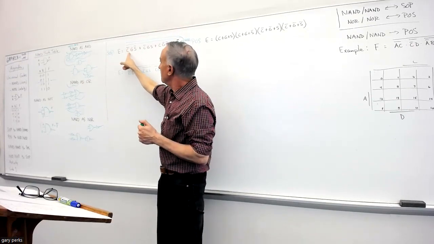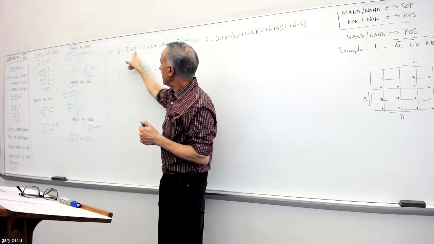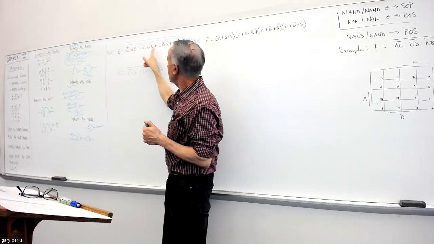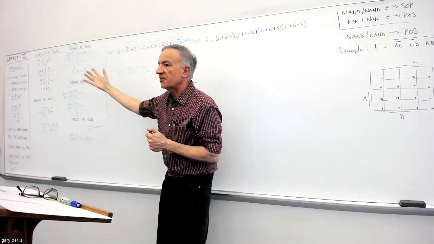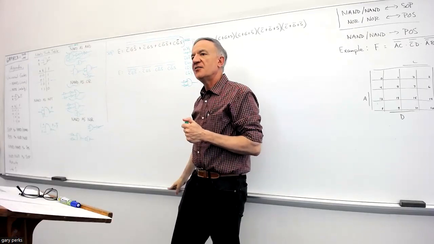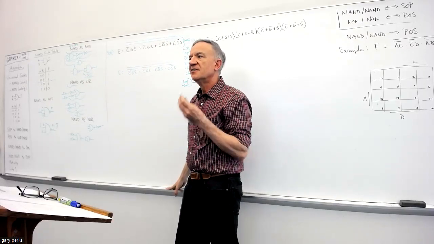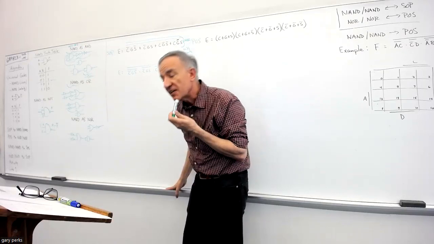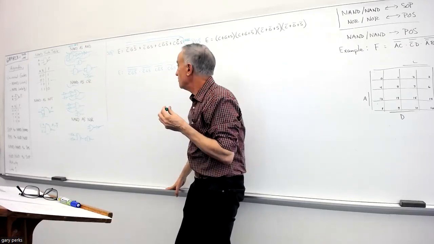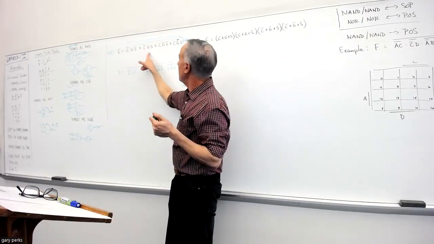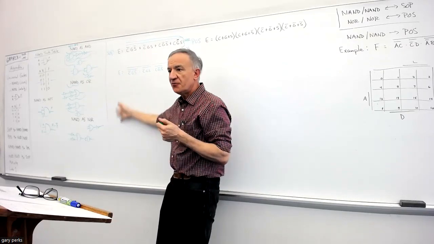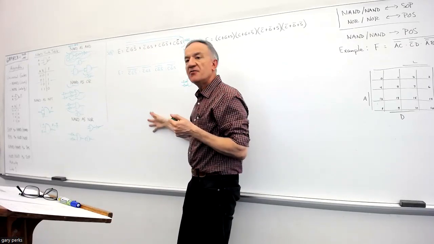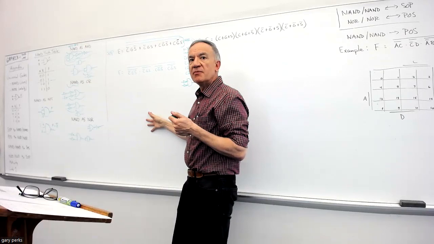You're ANDing, then you're ORing. So what kind of gates would you have? Right, multiple ANDs and an OR. Here we have 4 ANDs, because we have 4 terms, and then we have 1 OR gate.